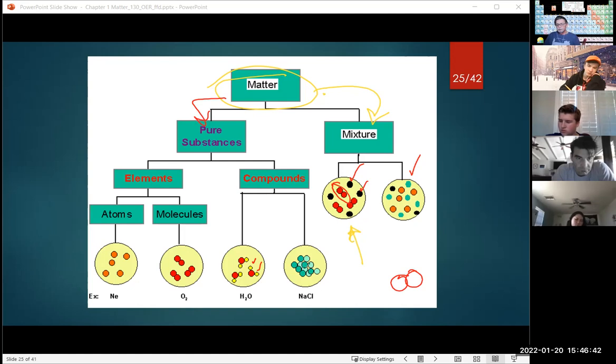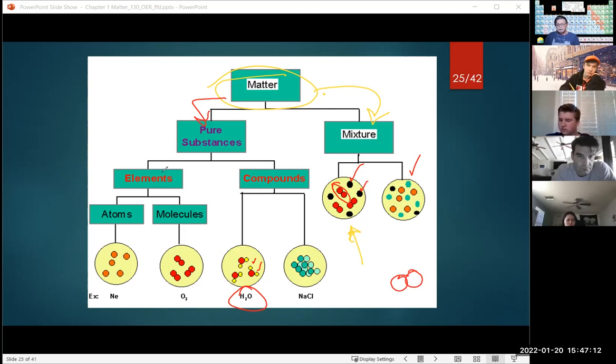That's a compound, H2O, and it's pure because it's all you see there, nothing but, and it looks like Mickey Mouse ears, right? And on the right side, you have sodium chloride. The two different colors of spheres represent two different elements, or atoms, that make up a compound.